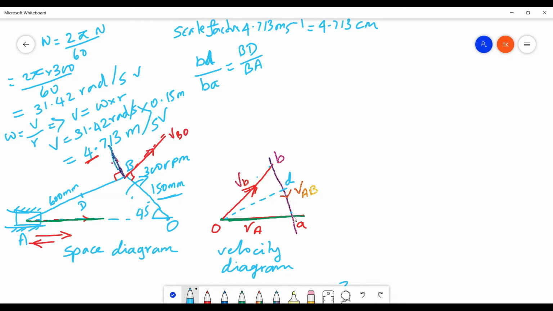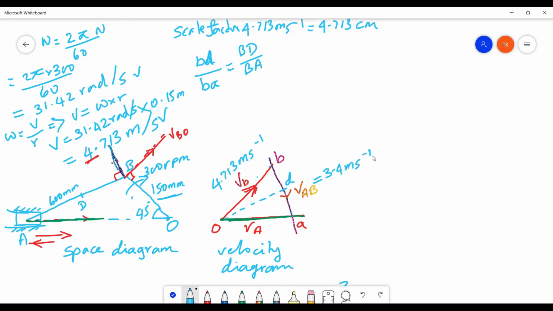That point represents the velocity of A, which is VA. The vectors BA and OA intersect at A. By measurement, we can now find the values. VB is already known, 4.713 meter per second. If I measure this one and multiply by the scale factor, I get VAB equal to 3.4 meter per second.